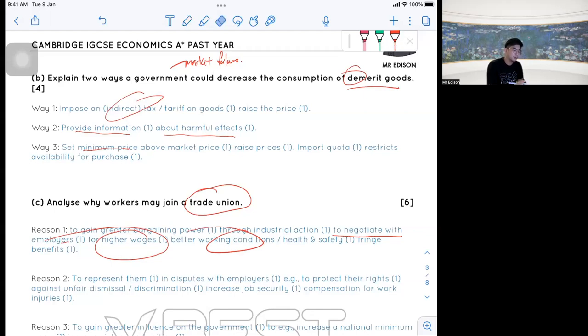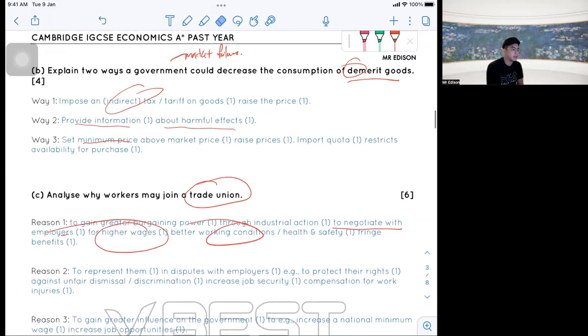All of this is to fight for your rights. Okay, and another one is to represent them in disputes with employers. So let's say some discrimination happens, and they want to fire you because you are too handsome or too pretty, and then, oh, I don't like you, I fire you. They cannot do that, right? They have to be justified.